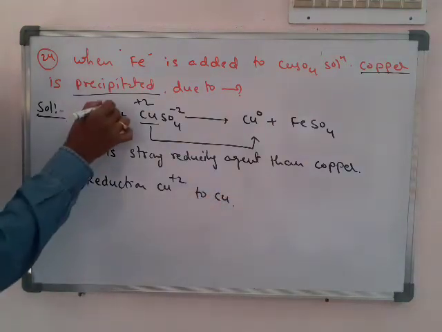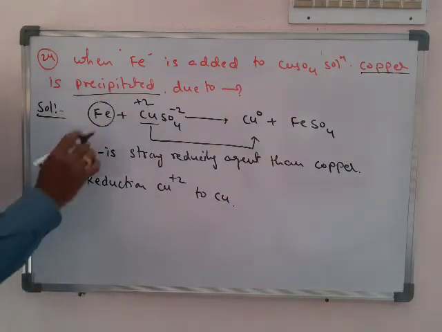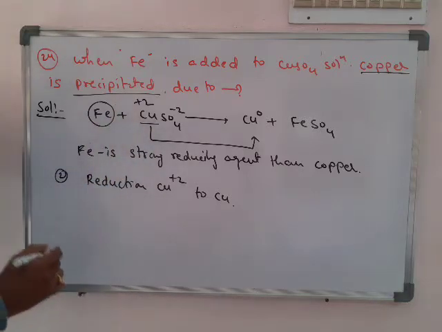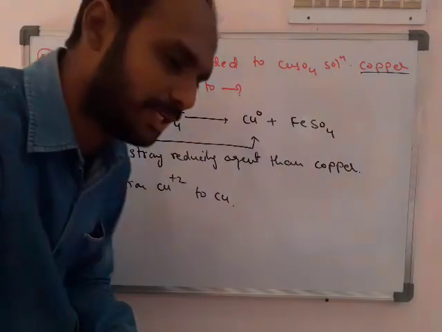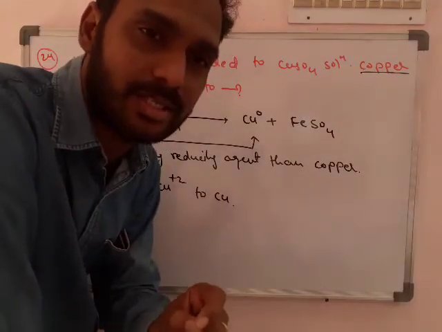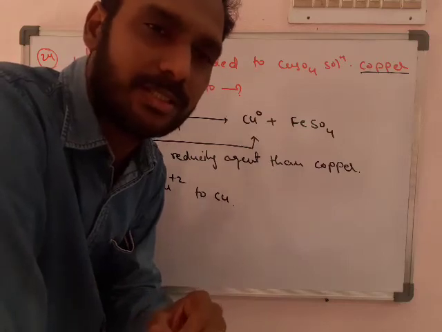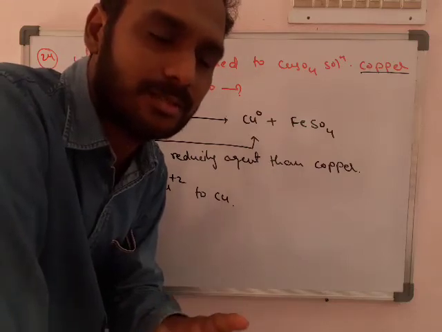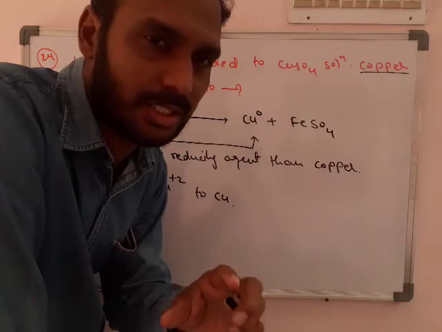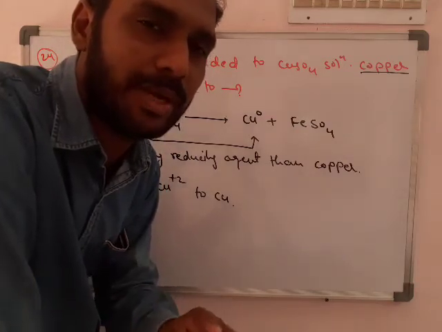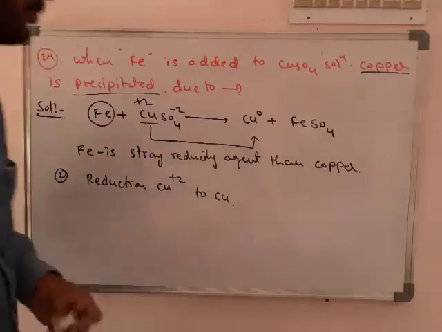Here iron is a good reducing agent compared to copper. We already discussed this reactivity series of metals in the language of chemistry concepts, and we know that.